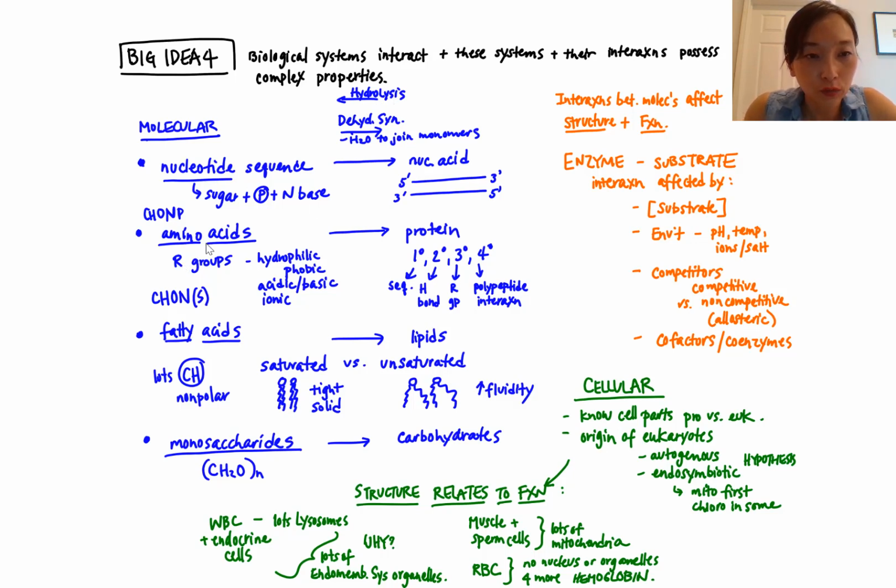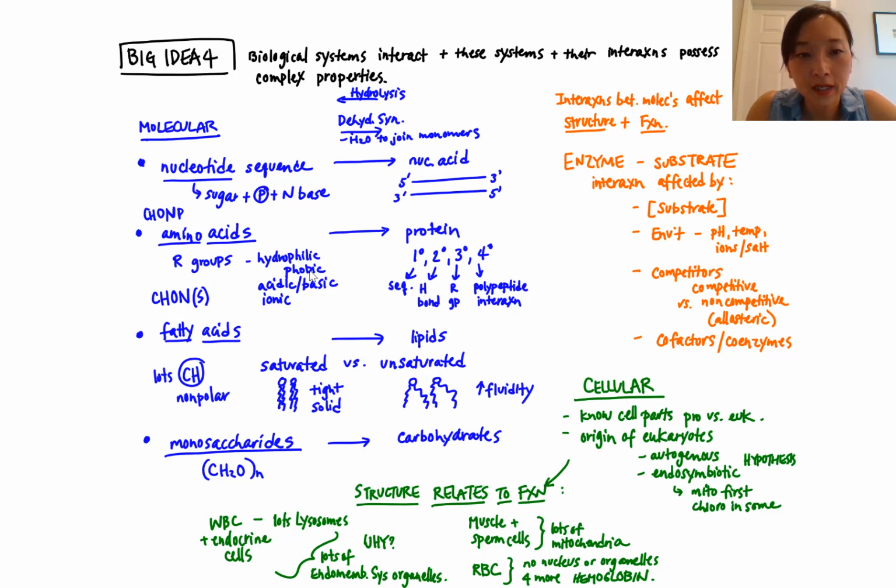The next group of organic compounds are your proteins. Monomers are called amino acids. So let's quickly review the composition of amino acids. You have a carbon, you have a carboxyl group, and an amino group. And then you have a middle R group, and there are 20 different R groups. So there's 20 different amino acids, and they can be categorized based on their properties.